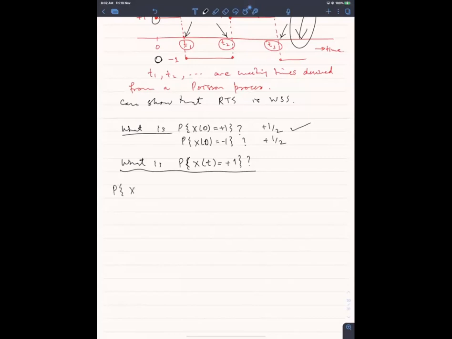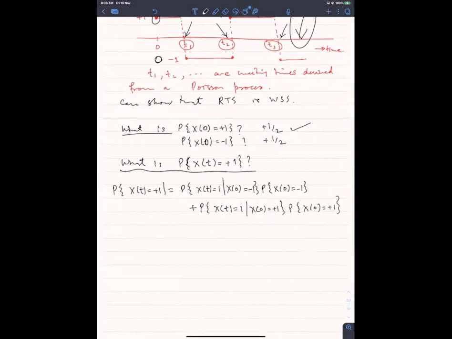सो द प्रोबेबिलिटी x of t is equal to +1, इसको हम लॉ ऑफ टोटल प्रोबेबिलिटी से लिखते हैं: the probability x of t is equal to +1 given x of 0 is -1 into the probability x of 0 is equal to -1, plus the probability x of t is +1 given x of 0 is +1 into the probability x of 0 is +1.